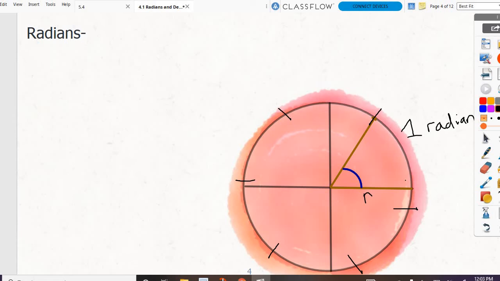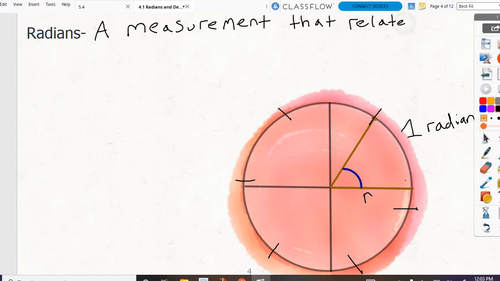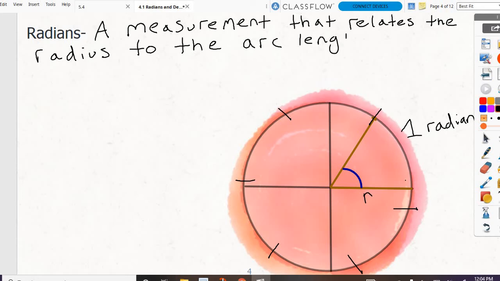Agreed? So, in general, a radian is a measurement to the arc length of the circle.